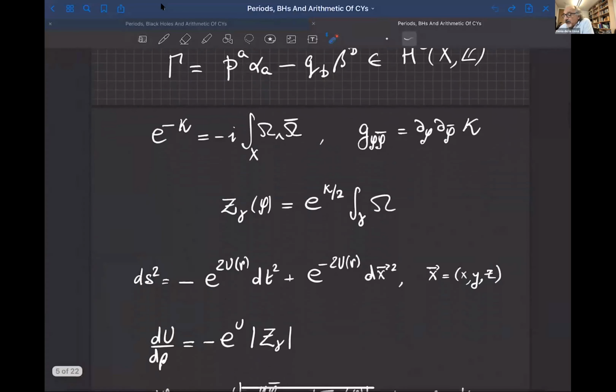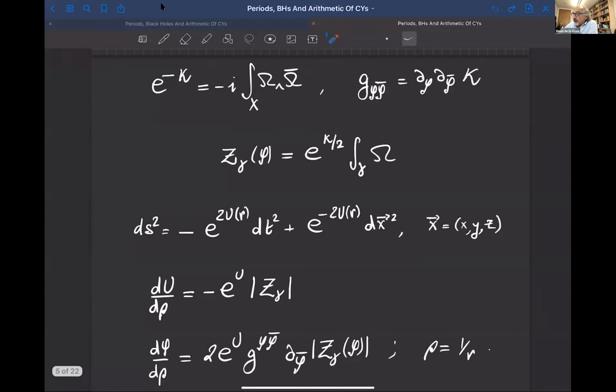Xenia mentioned some formulae that we just recalled. There's a Kähler potential. So now we pass into an exercise on the parameter space of the Calabi-Yau manifold, an exercise in special geometry. We have a Kähler potential defined as previously, and this gives rise to a metric given by the derivatives of the Kähler potential.